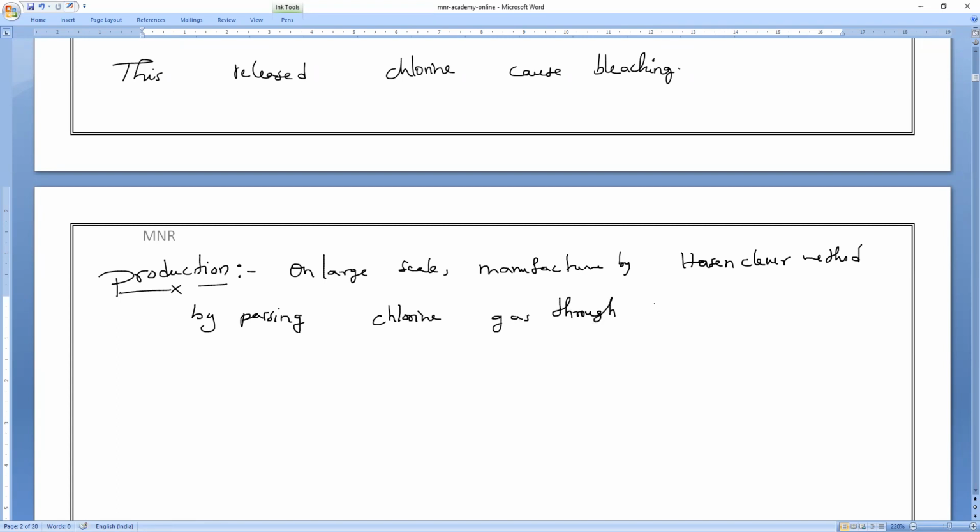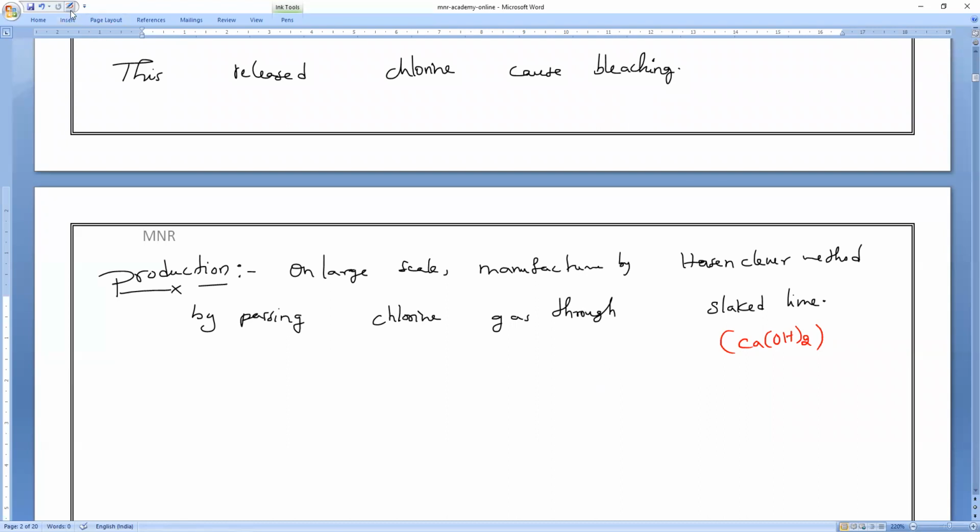Through slaked lime. So what do we mean by slaked lime? We all know it: calcium hydroxide. But you should take it not in the aqueous state, solid state or liquid state.